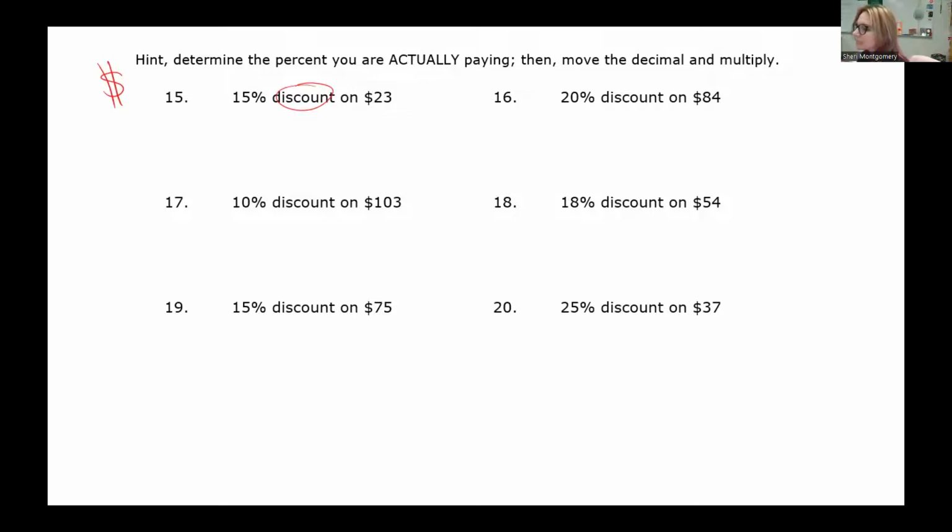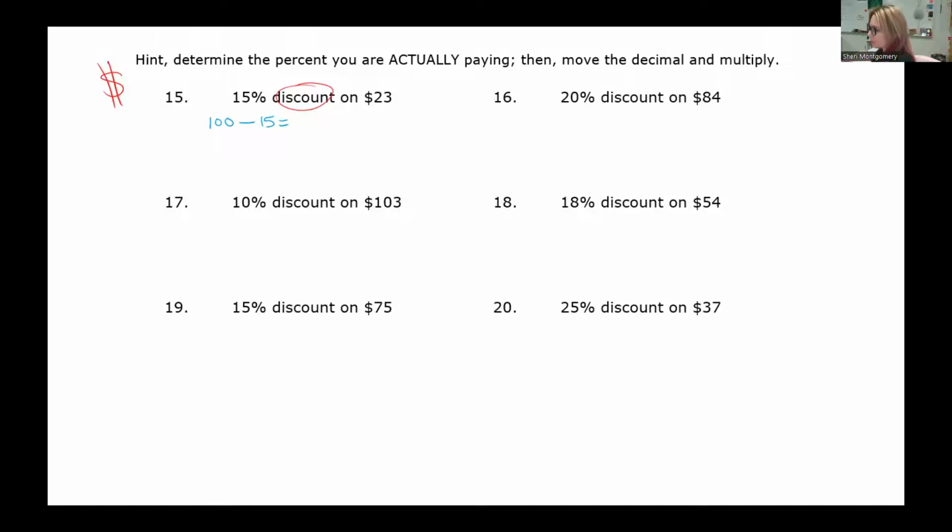If you have a discount, you have to do this part first. You have to do 100 minus whatever that discount is. So it's 100 minus 15. Discounts work differently. You have to do 100 minus 15 because it's a discount. We're taking away.